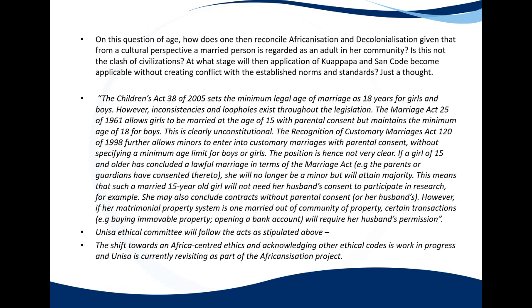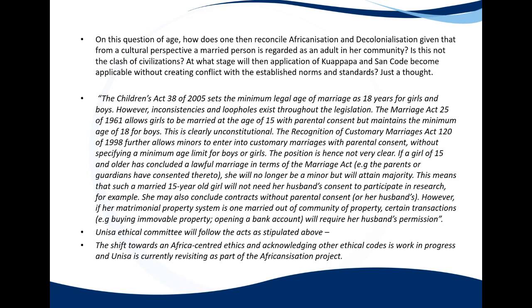But maintains the minimum age of 18 for boys. So only girls can get married when they're younger than 18, but boys have to be 18. The Recognition of Customary Marriage Act of 1998 allows minors to enter into customary marriage without parental consent. You can see all the different layers, right? And this one does not specify minimum age for both boys and girls.